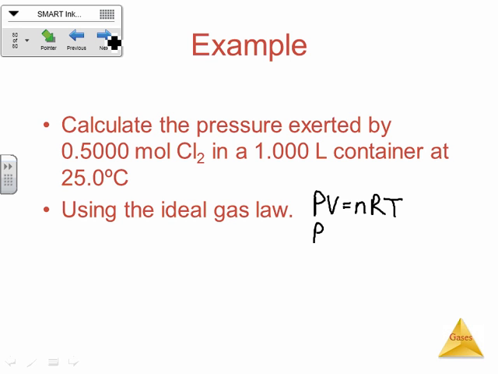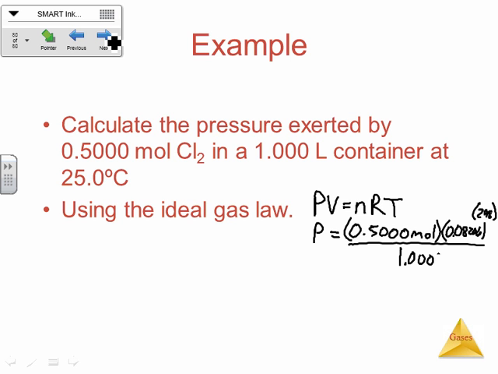Pressure equals the number of moles, 0.500, times R, 0.08206, times our T, which is 298, and then all of that is divided by our volume, which is 1. So when we do that, this is just a normal PV equals nRT problem.